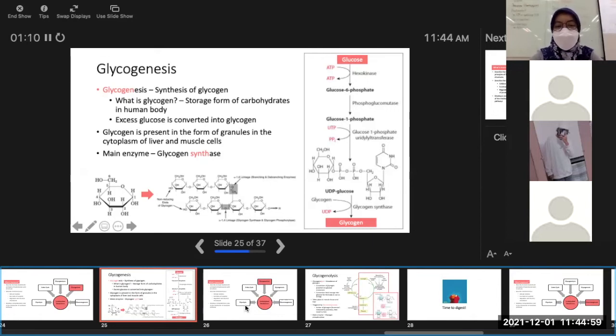So for exam-wise, biochemistry is not fun at all, but learning-wise, knowledge-wise, application-wise, biochemistry has a lot of branches. That's why certain universities offer a degree in biochemistry. They even have a specific degree for that because the field is so wide.